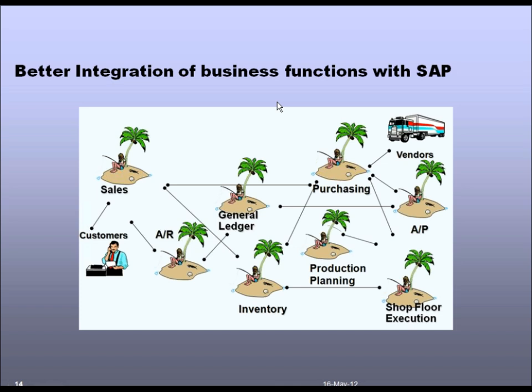Now, better integration, like the wheel which we have seen a couple of screens ago. Now you see here, you take any industry, whether it is banking or manufacturing or service, any industry will have various departments. For example, sales, customers, inventory, production, purchasing, and so on and so forth. These departments may either work independently or work in communication with other departments.